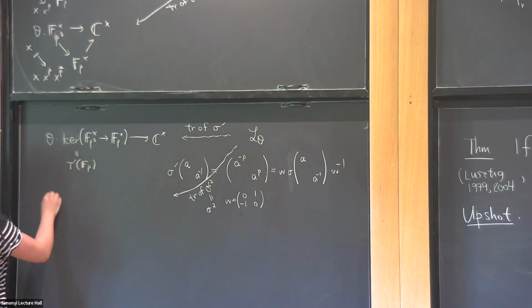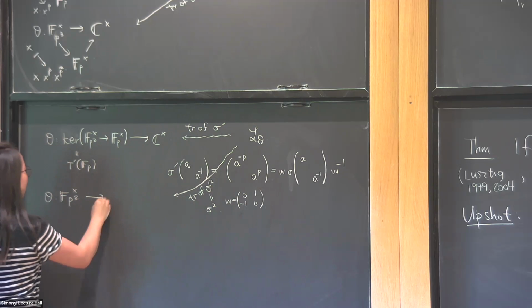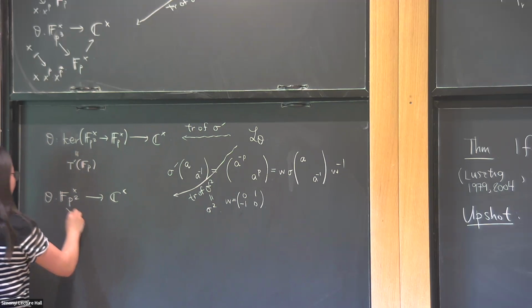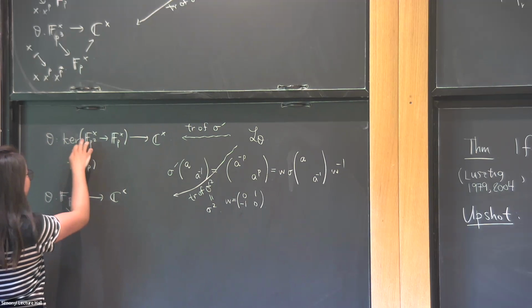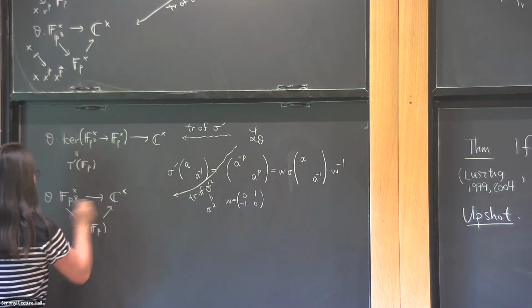On the left-hand side here, we obtain a map like this. And how is this character defined? This character is defined by mapping to this T prime of Fp. And how?